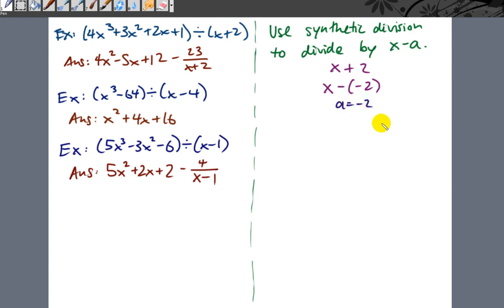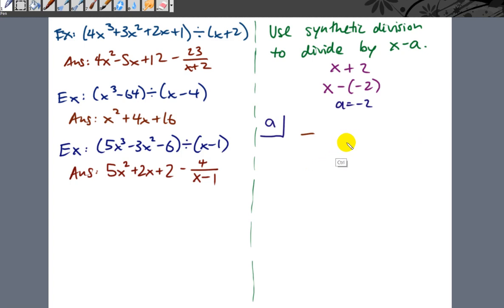Now we need to perform the synthetic division. When we do the synthetic division on this, a goes here, and then any leading coefficients that we have in front of these terms that you see here go in the blanks. If I put 4 blanks here, this represents 4x cubed, this represents 3x squared, this represents 2x, and this represents 1.